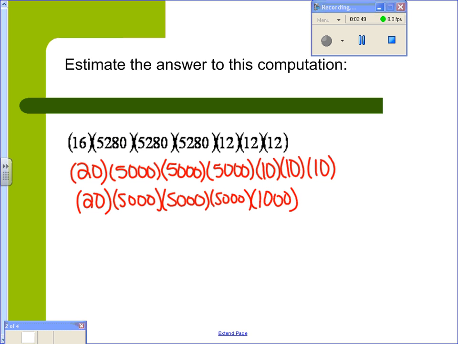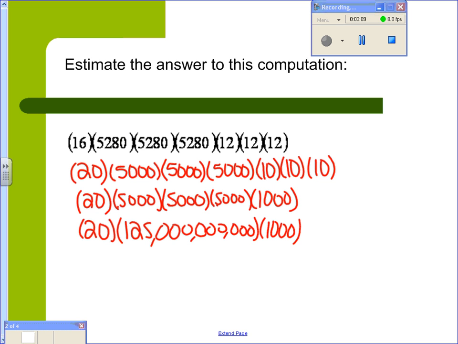Right? What is 5 times 5 times 5? 125. And then how many zeros? 1, 2, 3, 1, 2, 3, 1, 2, 3. Does that make sense?